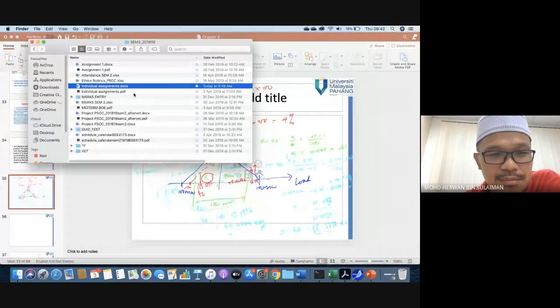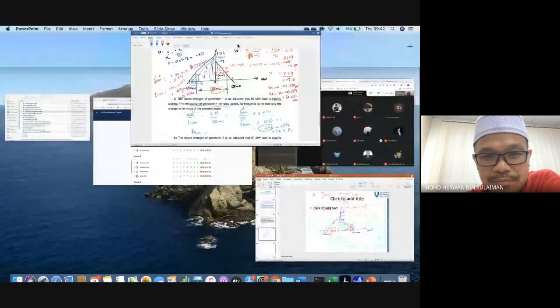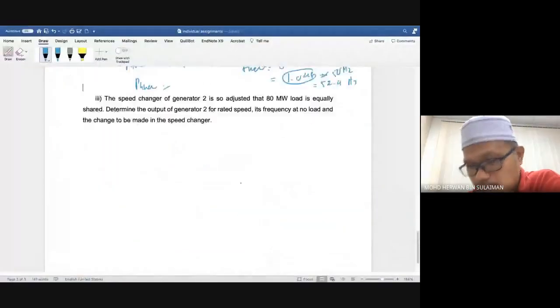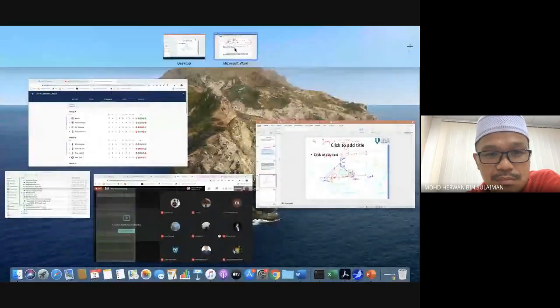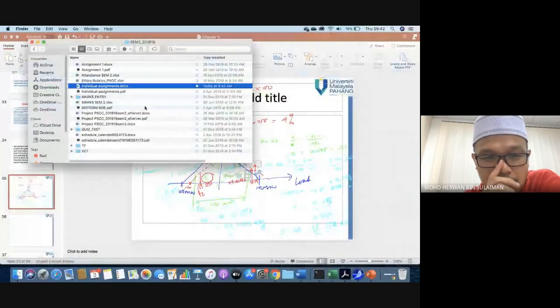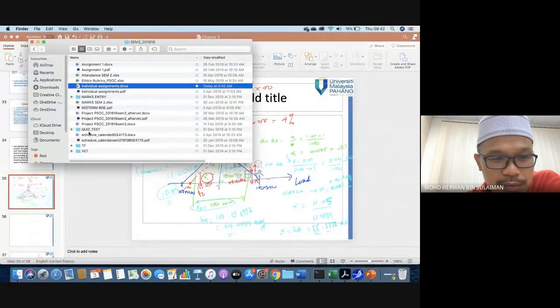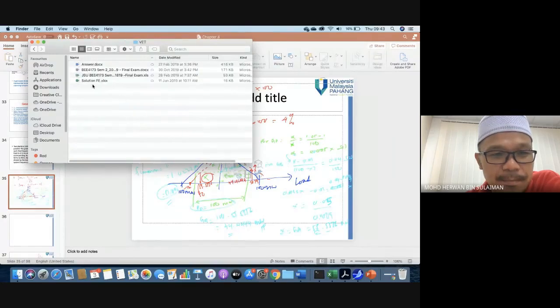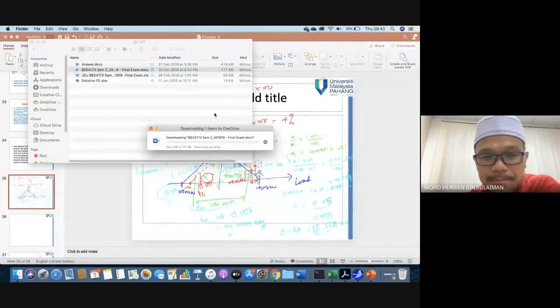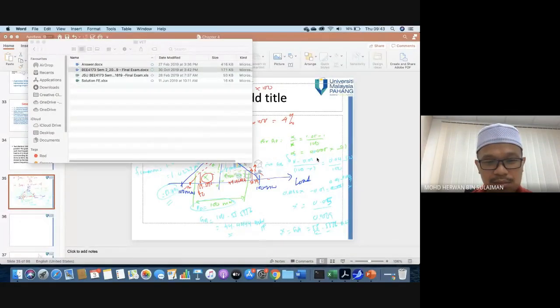Simon. Mana jawapan dia? Klik bawah. Tak ada. I need to check back this the answer. Wait ya. Okay, dekat back ada. Ni example final 2018-19, saya rasa ada dekat sini.